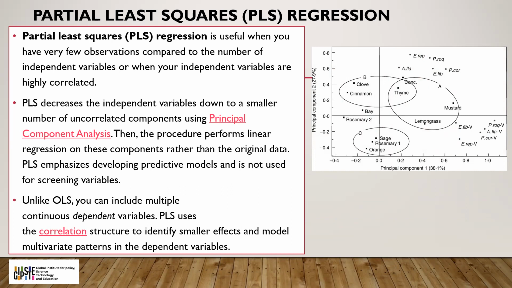So partial least squares emphasizes developing predictive models and is not used for screening variables. Unlike OLS, you can include multiple continuous dependent variables. PLS uses the correlation structure to identify smaller effects and model multivariate patterns in the dependent variables. If you look at this, this is a partial least squares regression model comparing the two axes.